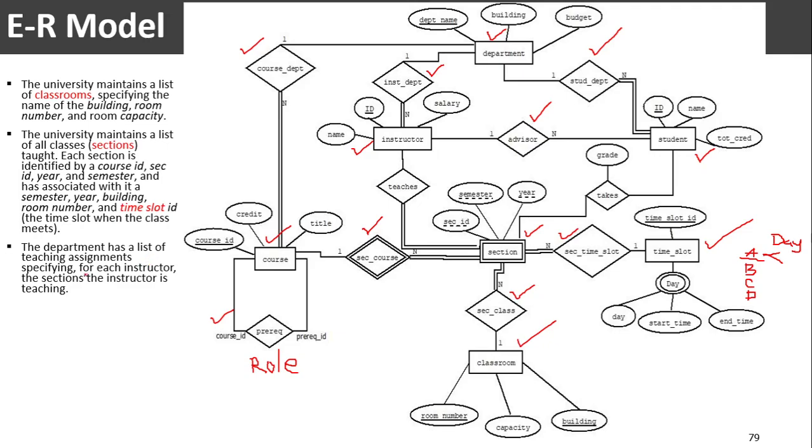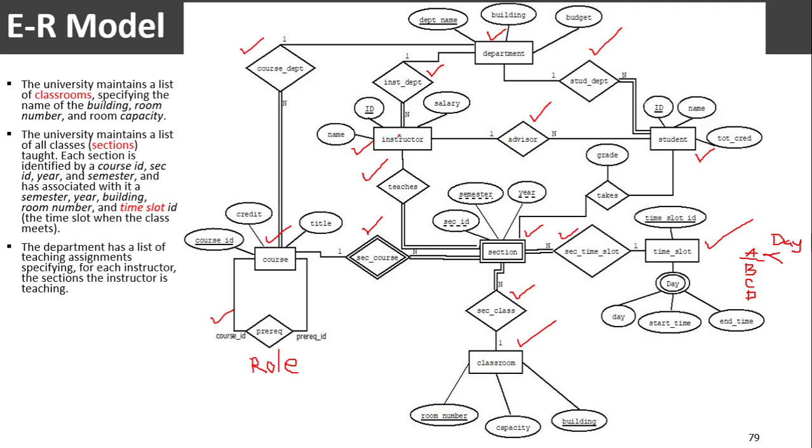So we should have the relationship between instructor and section. Sections are being taught by the instructor. So between section and instructor, we have this relationship set teaches. Every section must be taught by some instructor, so section is participating totally in this relationship set teaches.